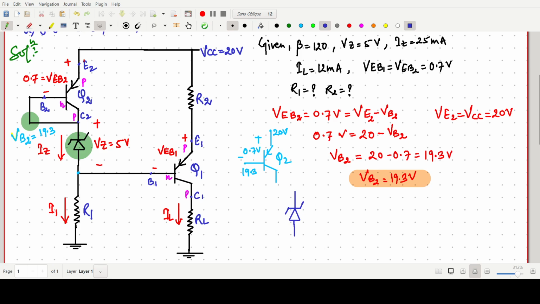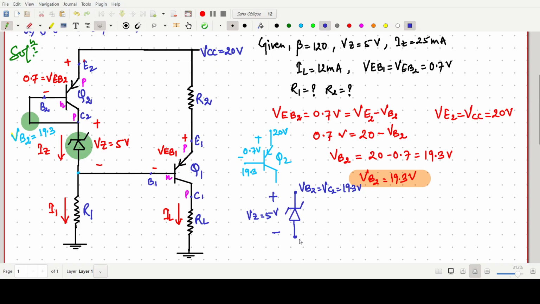You have to make the circuit part by part. This value that we have already calculated, VB2, is the same as VC2, which is 19.3 volt. The voltage drop across this VZ is 5 volt.